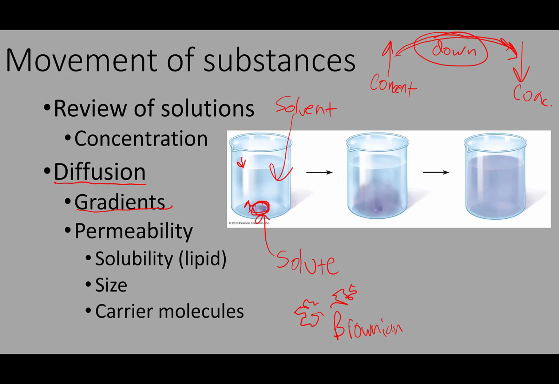There are other types of gradients. We'd mentioned them in the previous lecture. But right now, when we're talking simple diffusion, we are talking about concentration gradients, and everything moves from high concentration to low concentration. Now, in the cell, that happens too.